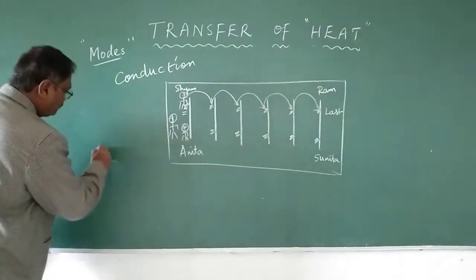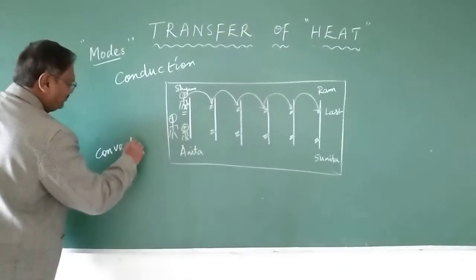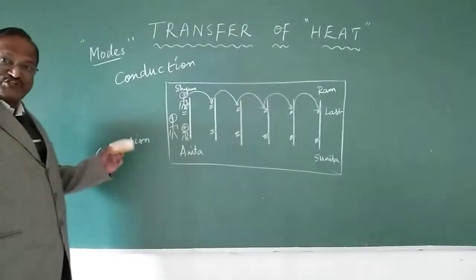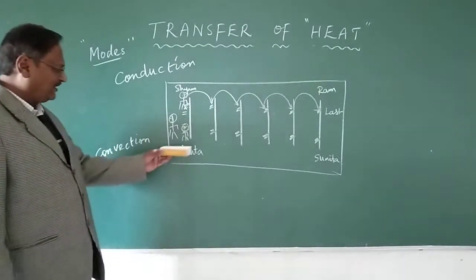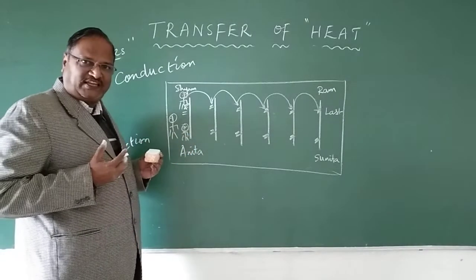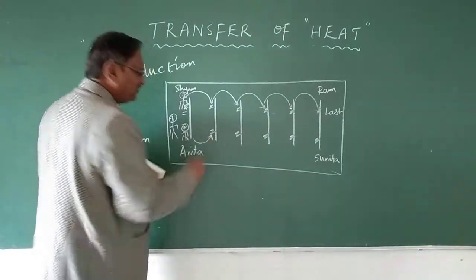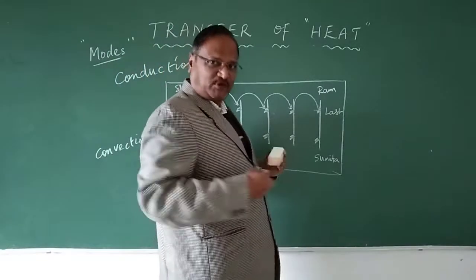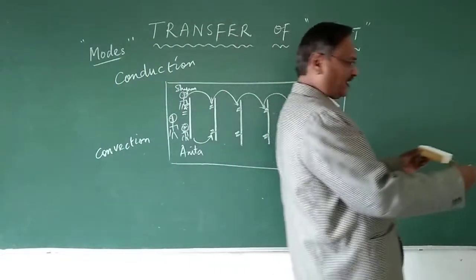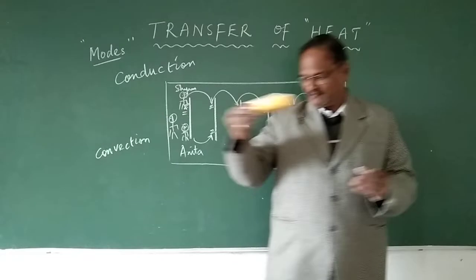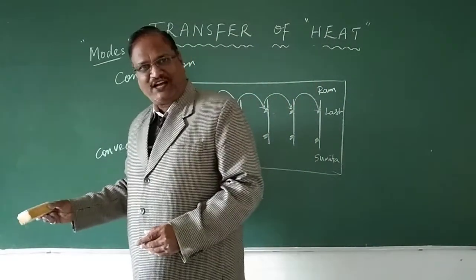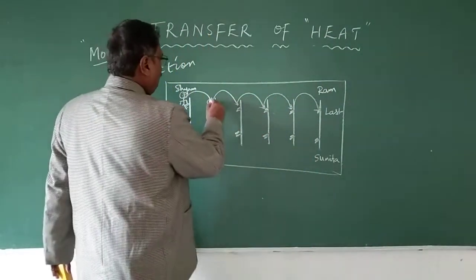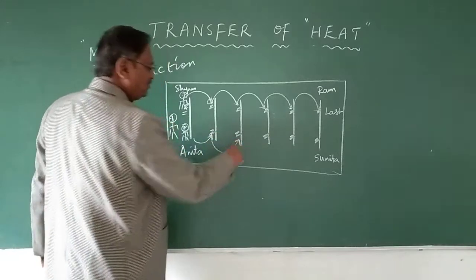But what is the process? Convection. So here what will happen? Anita will get up from her place and give it to this girl behind her, like this, and she will get up and go and give it to this person, right?